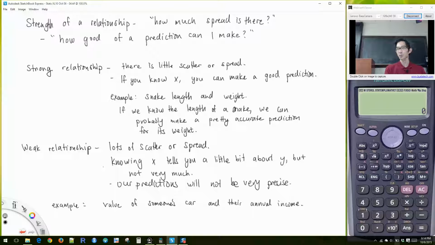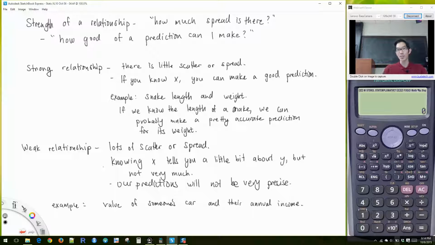Do you have people with low income that might be driving cars that are valued high? Oh, yeah, okay, and so just seeing someone's car, you can't predict someone's income very well. At least not any more than within several tens of thousands of dollars, right?